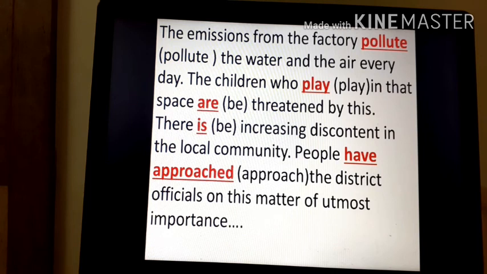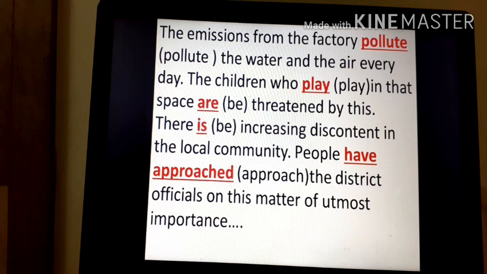The emissions from the factory pollute the water and the air every day. The children who play in that space are threatened by this. There is increasing discontent in the local community. People have approached the district officials on this matter of utmost importance. Pollute is simple present tense, play is simple present tense, are is simple present tense, have approached is present perfect tense.